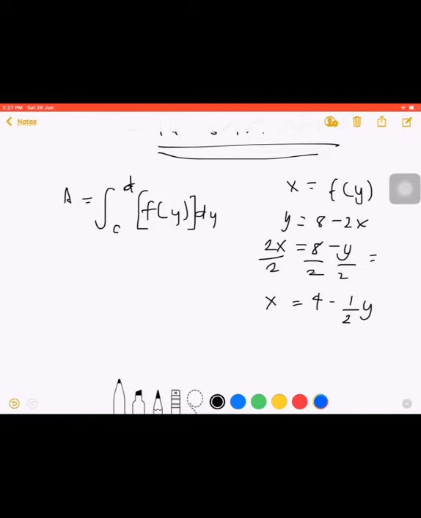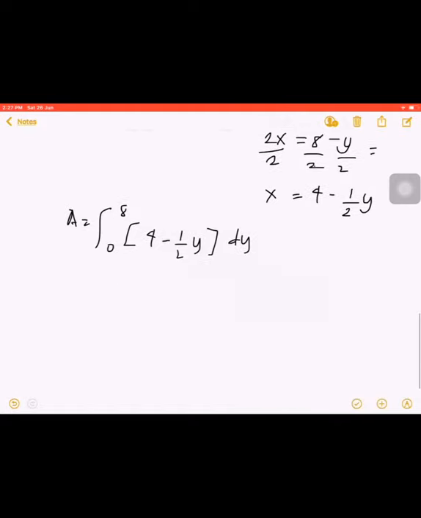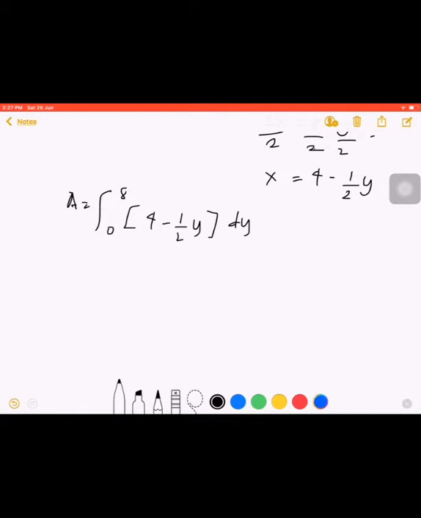We're going to integrate it from c to d, or 0 to 8. f of y, which is 4 minus 1/2 y, dy. The antiderivative of 4 is 4y, minus 1/2 y squared over 2, evaluated from 0 to 8.